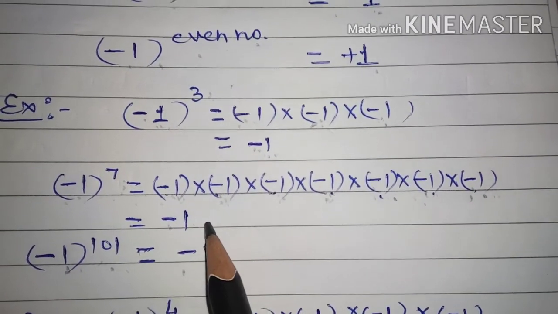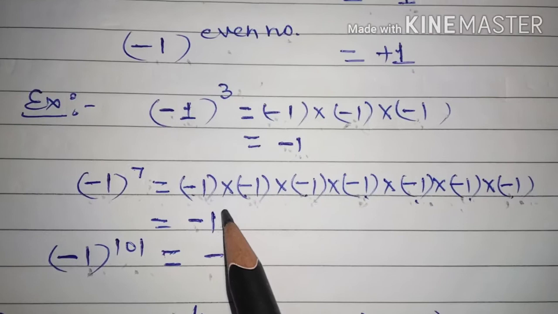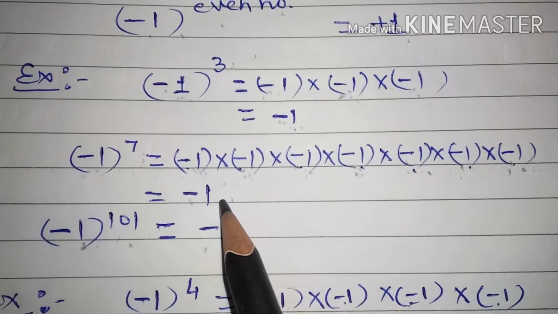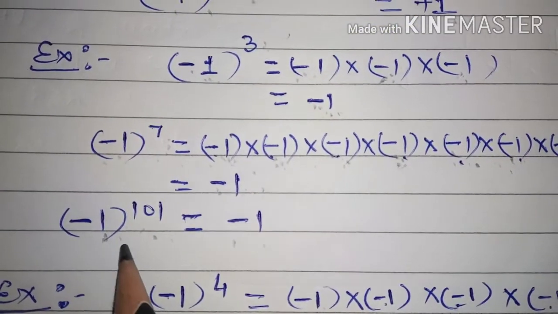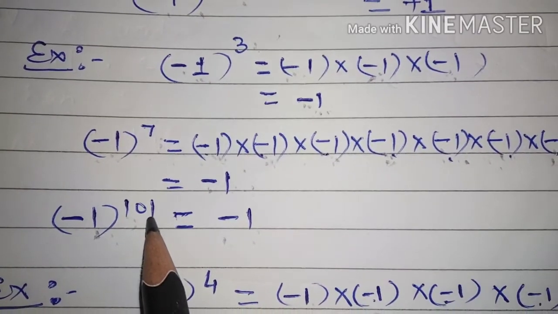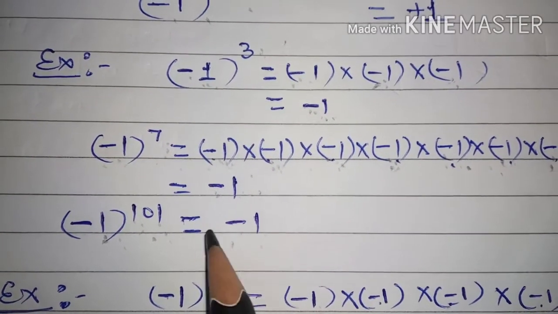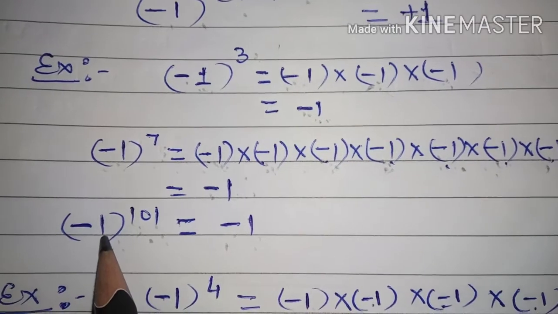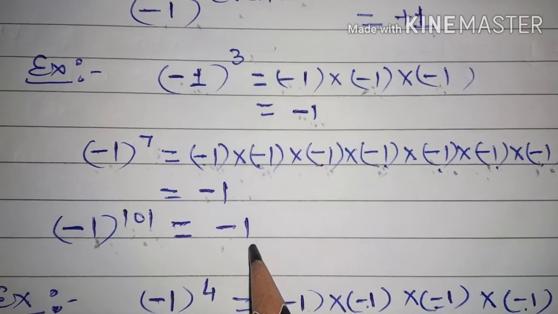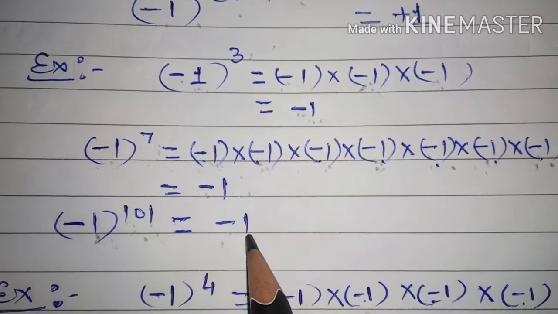So finally the result will be minus 1. So we can see that any negative number multiplied an odd number of times always gives a negative number. So directly for minus 1 whole power 101, we can write minus 1, because 101 is an odd number. The sign will be minus, and the number is 1. 1 multiplied by itself any number of times will always give 1. So the result is minus 1.